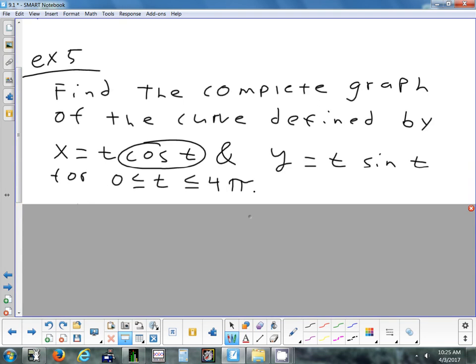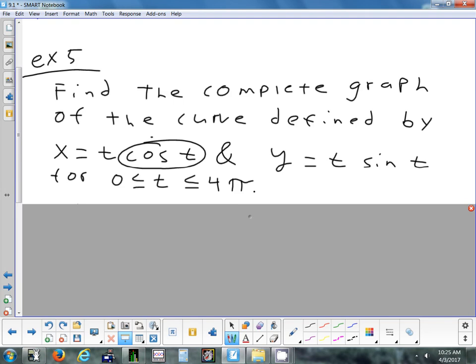And now, what are you multiplying the thing that I just circled by? T, which is between what? 0 and 4 pi. So, what would be the biggest value that you could ever get for x? 4 pi.